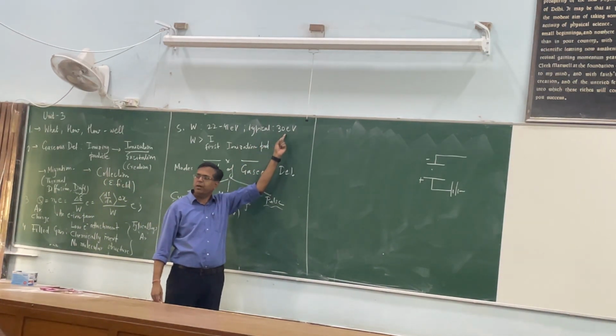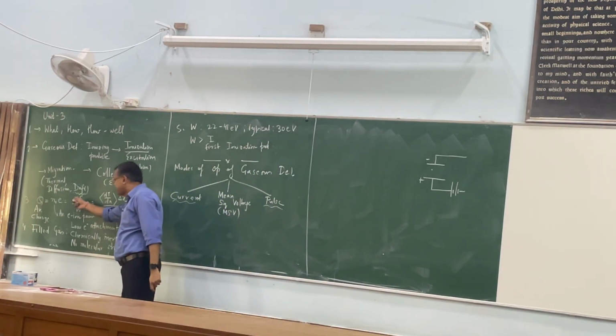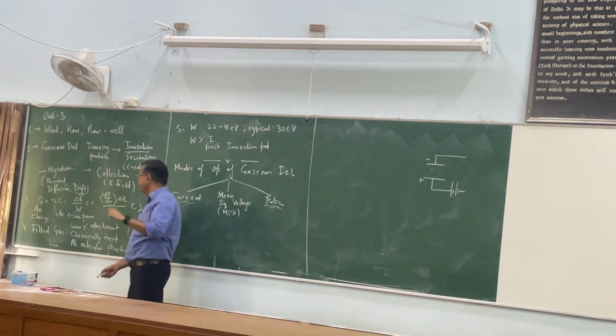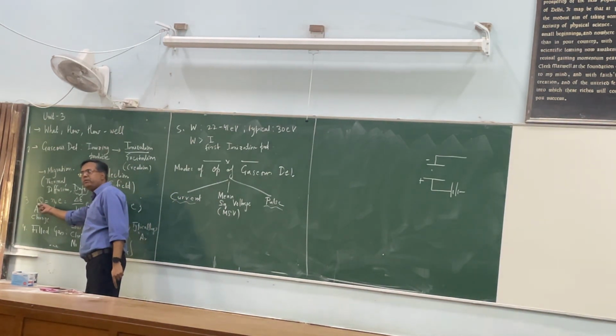If it is not given, you are going to use 30 electron volt because it varies from 22 to 41. So depending on this delta E, or the energy which this charged particle has, I will be having certain number N naught, which will result in charge collected, right?